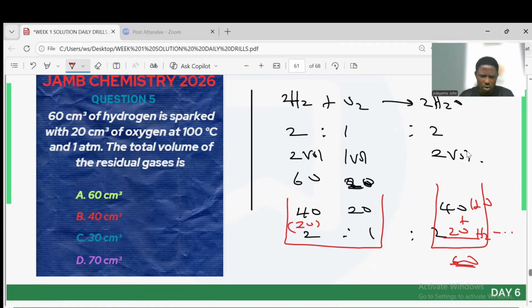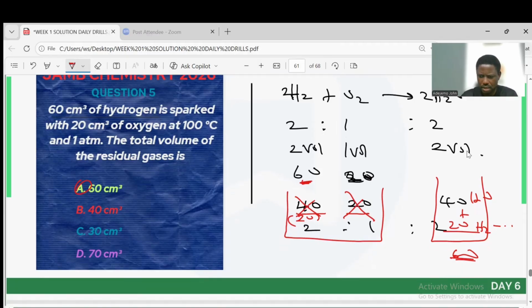That is the total volume of the residual gases that will be in this container. Because 40 of hydrogen will combine with 20 of oxygen and they'll be destroyed completely, and they form 40 of water, 2:1:2. 20 of hydrogen is now in excess. I hope you can see that. So we have 60, and that is the total volume. That is why it is A.